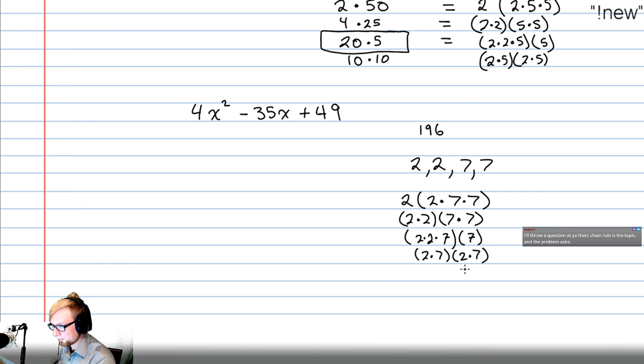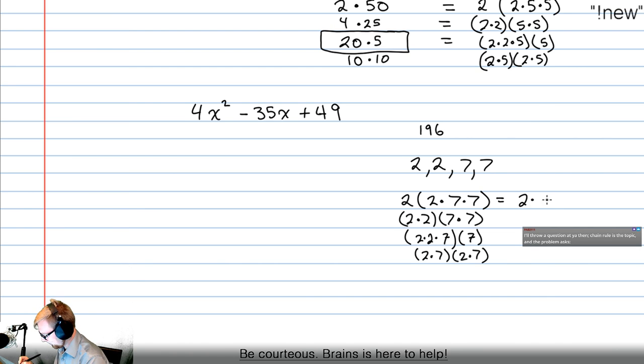Good. So when we simplify that, 2 times 7 is 14, times 7 is 98. 49 times 2 is the same as 50 times 2 minus 2 times 1. So it would be 98.